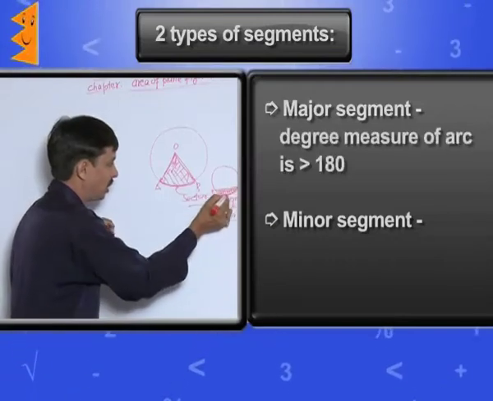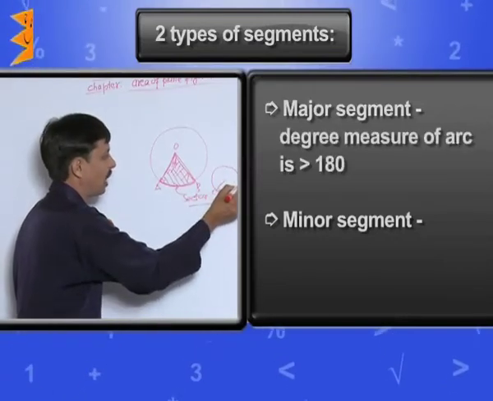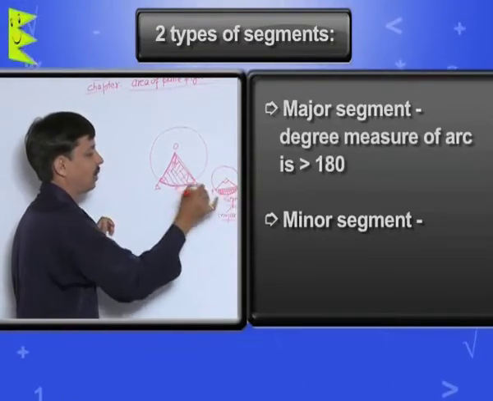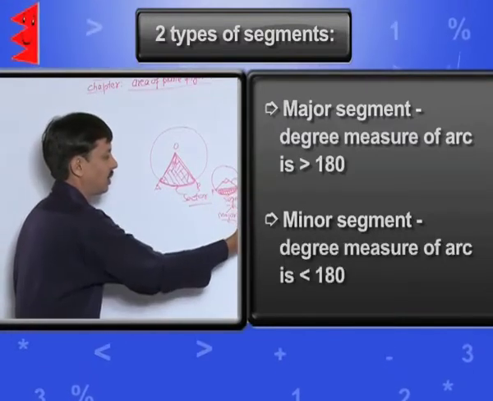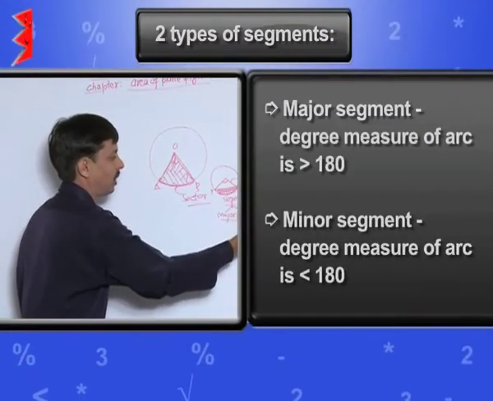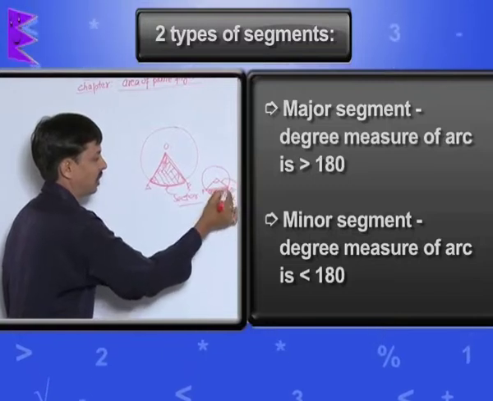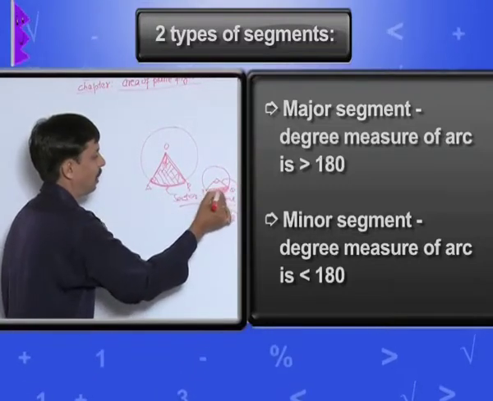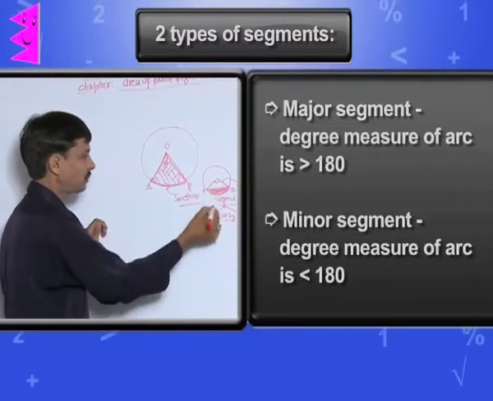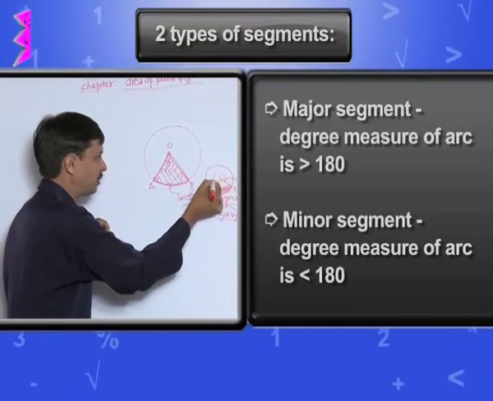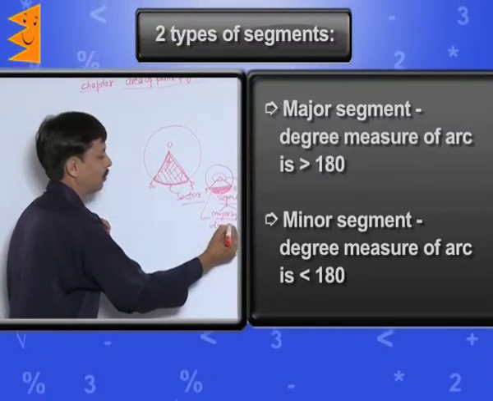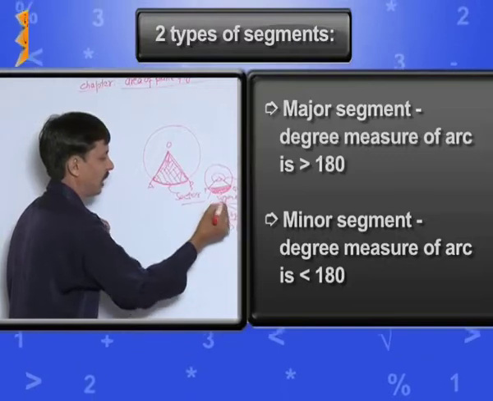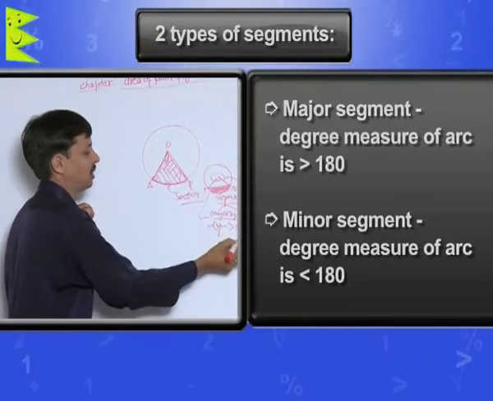So the question comes, what is the major segment? If the degree measure of the arc is less than 180 degrees, then the segment corresponding to the arc will be what? Minor. If the degree measure is more than 180 degrees, then the segment is known as the major segment.